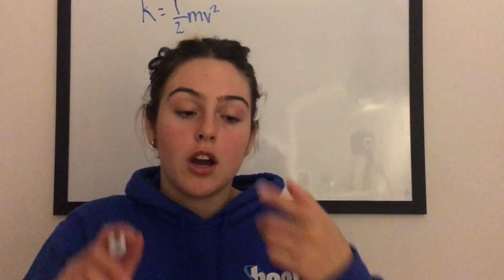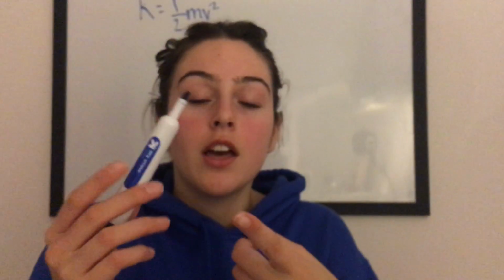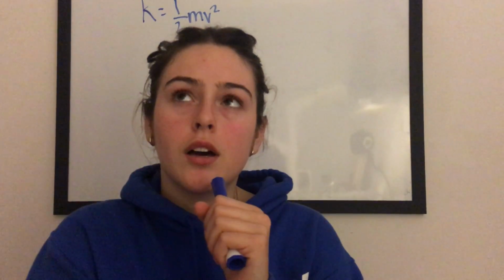Next, I'm going to talk about potential energy. Potential energy can be described as energy an object possesses due to its position or state of being. Potential energy can come in different forms. We can have gravitational potential energy, elastic potential energy, nuclear potential energy, and there's also electrical potential energy.